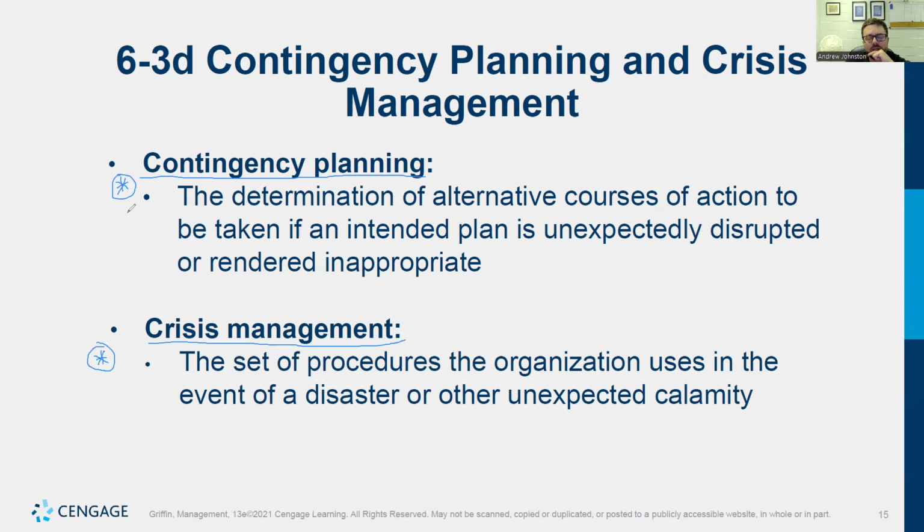And what do we do? This is more about the operational side of it. When that thing happens, how do we put the contingency plan into operation in a situation of crisis? This is the management part rather than the planning part. Planning happens beforehand, crucially, and management tends to happen during and after an event has occurred.